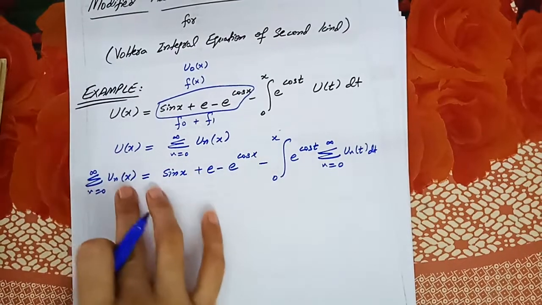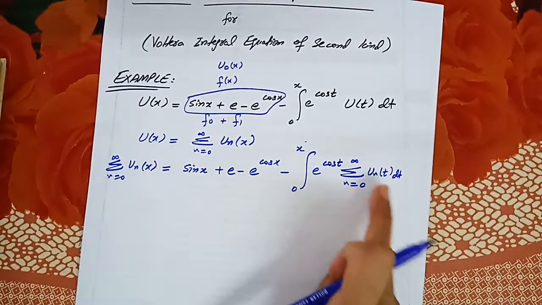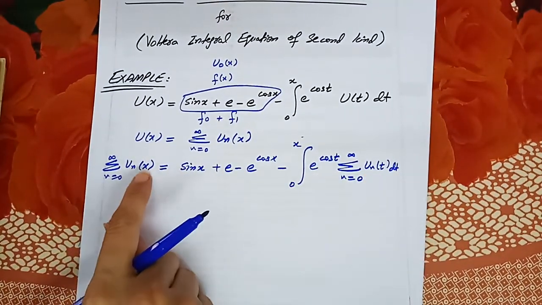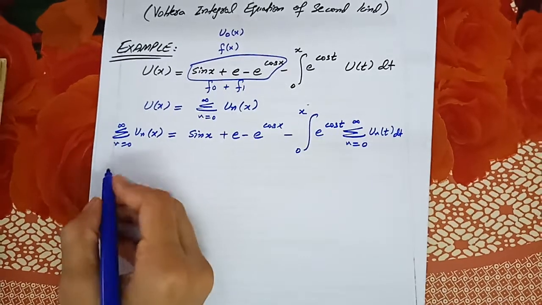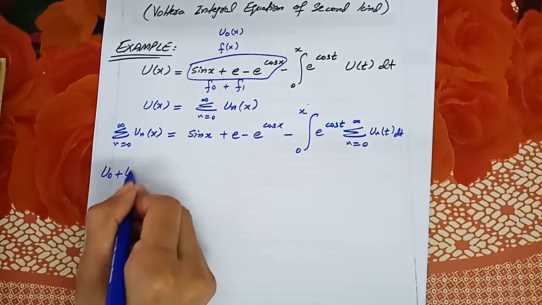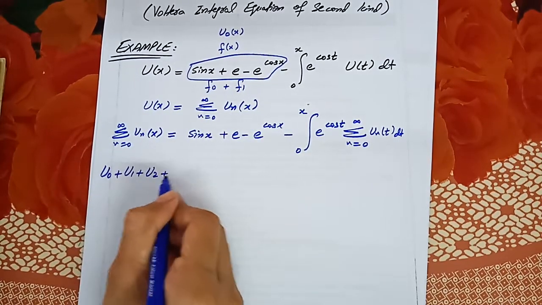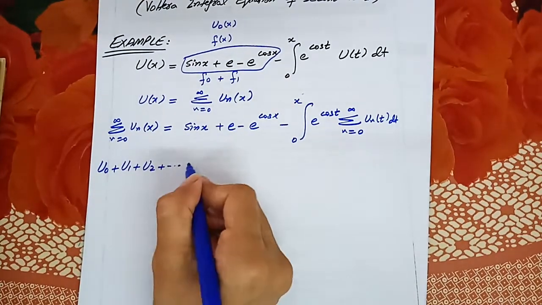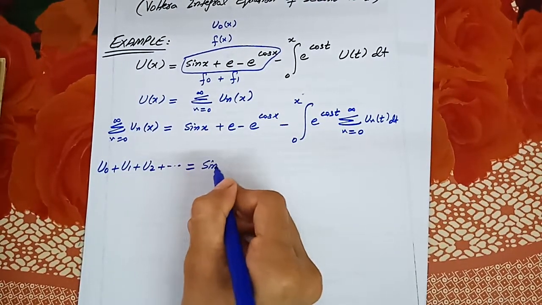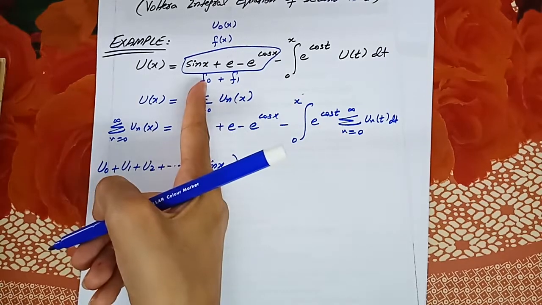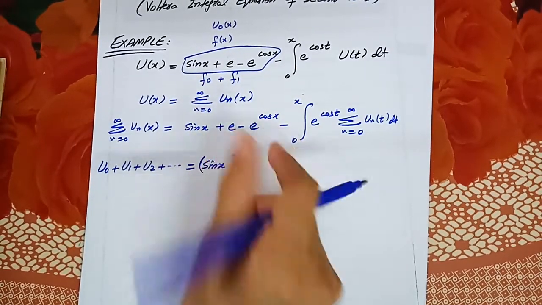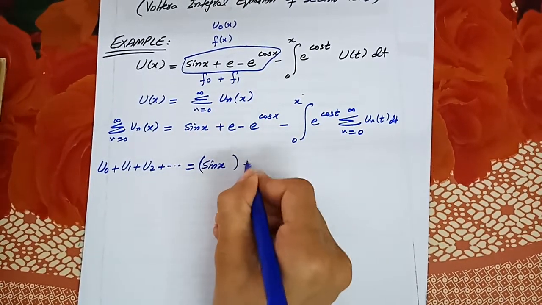Now we are going to expand this series un of x and un of t. When we expand this series, we will get u naught plus u1 plus u2 and so on, equal. I am taking sine of x as f naught and taking the rest of the terms as f1.